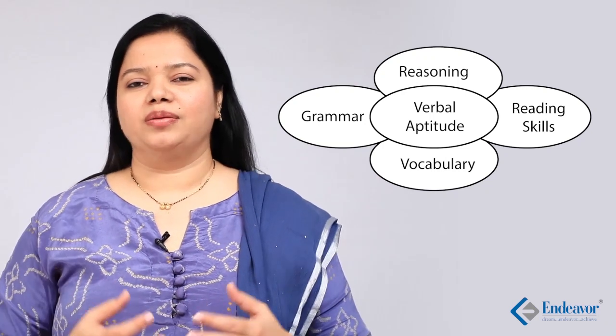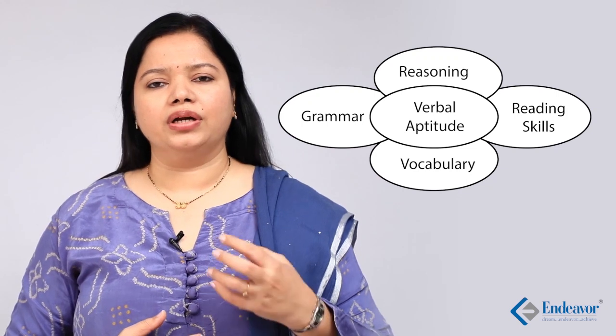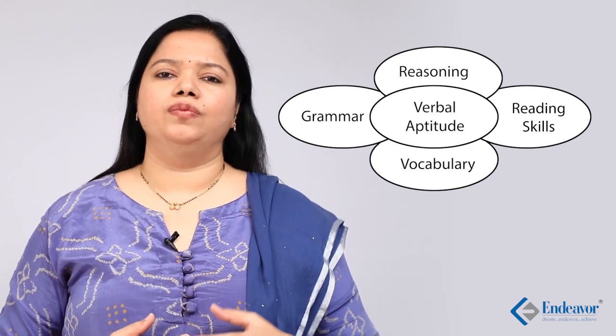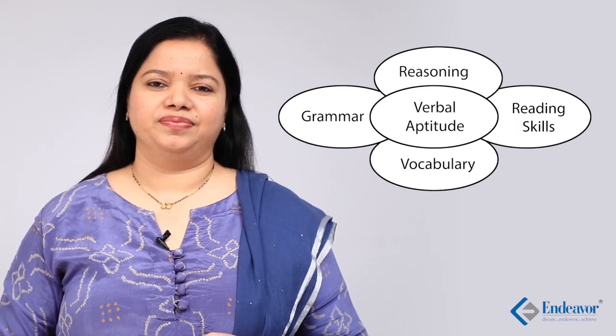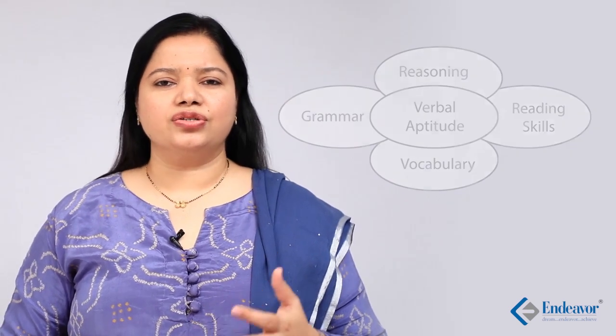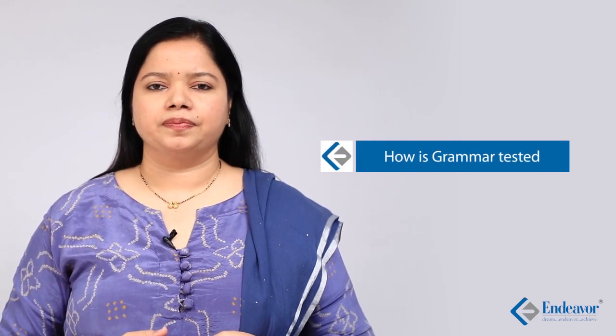This is what makes for verbal aptitude, which means without your control or mastery over any one of these areas, you don't really have verbal aptitude. Having understood this, let's go on to examine how grammar is tested in the various exams.